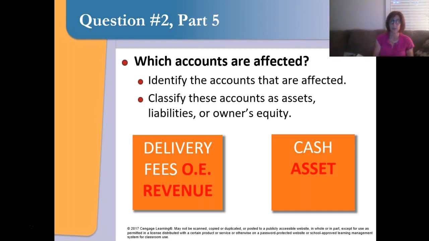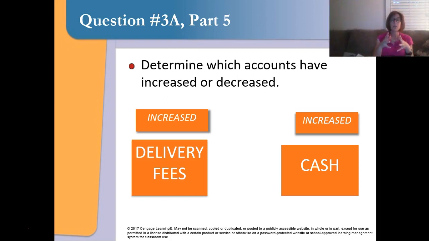An asset account. So we had two accounts that were impacted. We had revenue, which falls within the umbrella of owner's equity, and then we had cash, which is an asset. And those were both increased. So we had an increase in delivery fees of $500, and our cash also went up by $500.